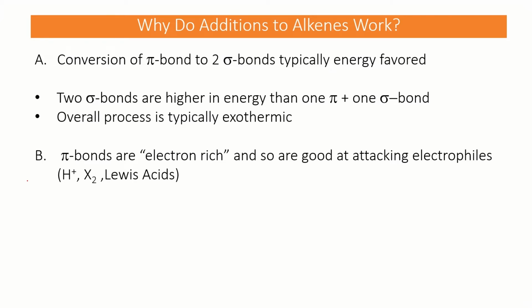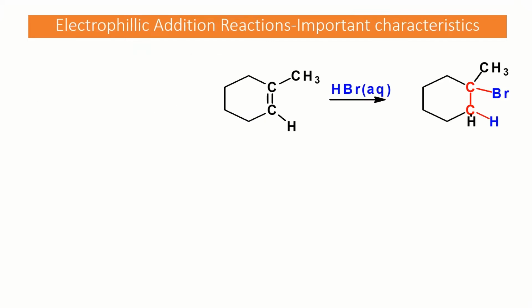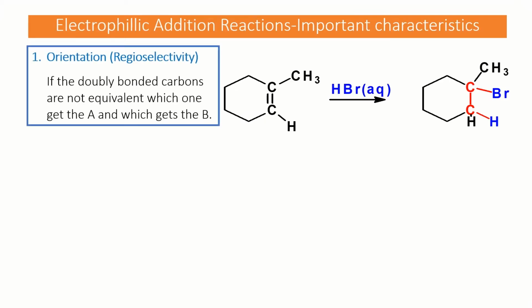The reaction is a conversion of pi bonds to two sigma bonds, and therefore it is energy favored, meaning that it's enthalpically favored. The mechanism, of course, we will go through.